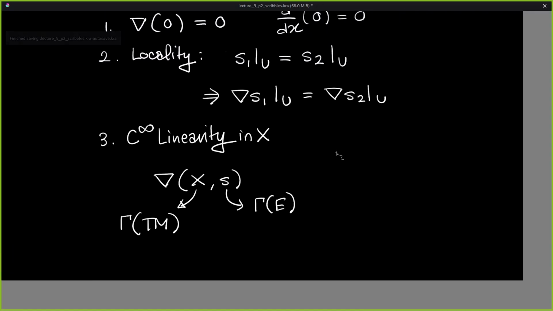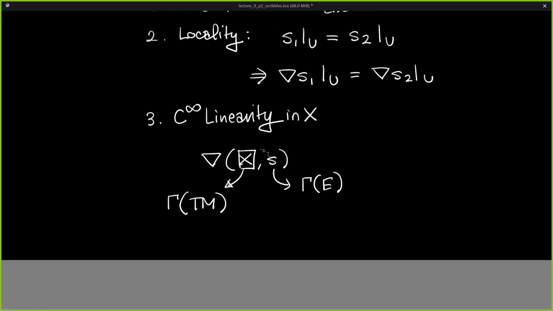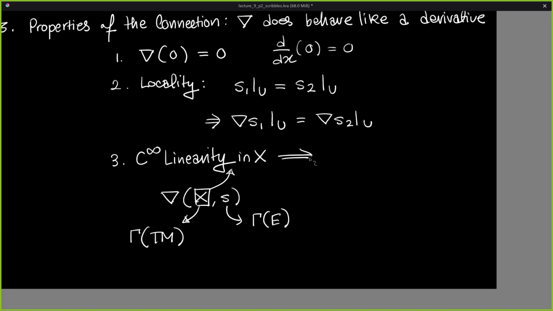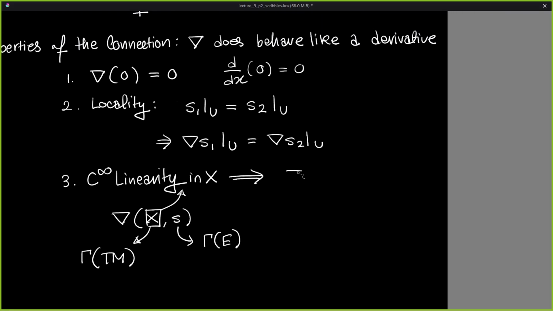I tend to call this the flow vector field. It's the vector field along which we are differentiating. So what this is basically saying is that it has C infinity linearity in this first input. And this is what implies that the nabla is defined pointwise.